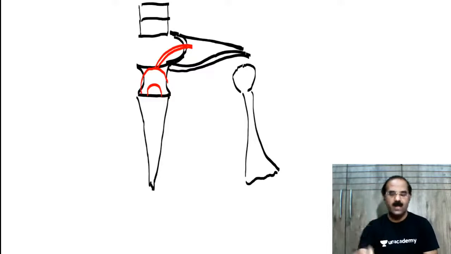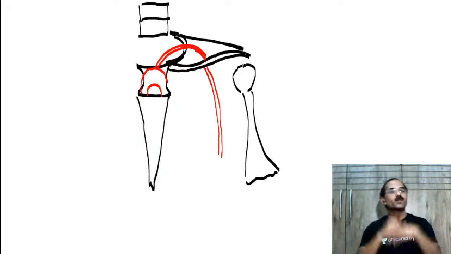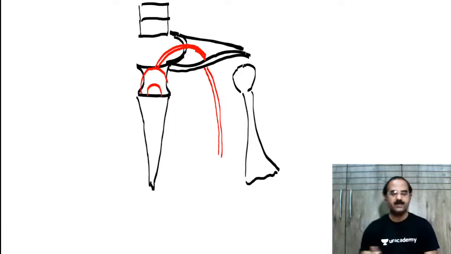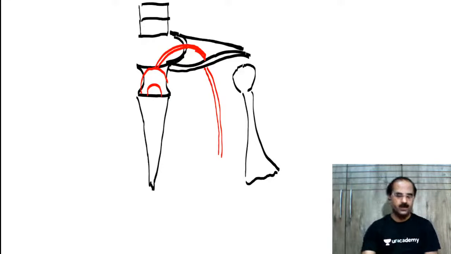This axillary artery enters the apex and comes into the axilla. Is this clear? So that's how the axillary artery enters the axilla through the apex.